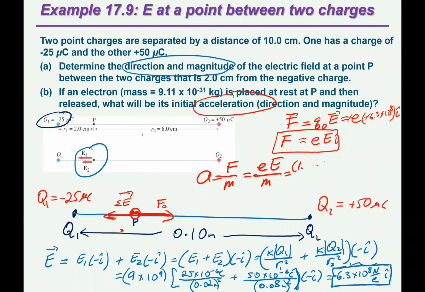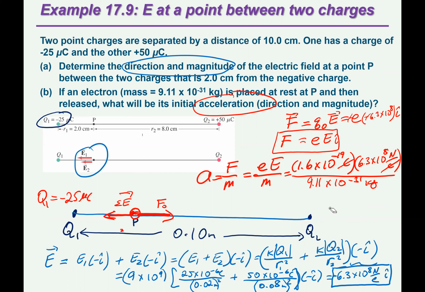So it's 1.6 times 10 to the negative 19 Coulomb, then 6.3 times 10 to the 8 Newton per Coulomb. You can see the coulombs cancel out. Then divided by the mass, 9.11 times 10 to the negative 31 kilogram. So what we get here is the acceleration, which in this case will be 1.1 times 10 to the 20 meter per second squared.